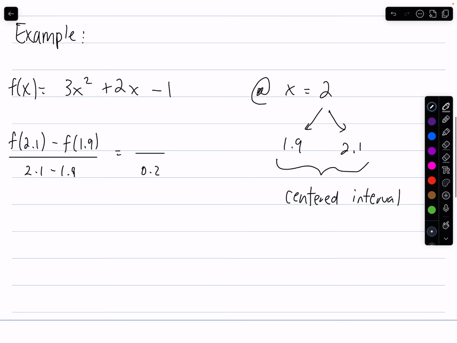But now we've got to find f at 2.1. F at 2.1 is just going to be 3 times 2.1 squared plus 2 times 2.1 minus 1. We plug that into our calculator. So you get 16.43.